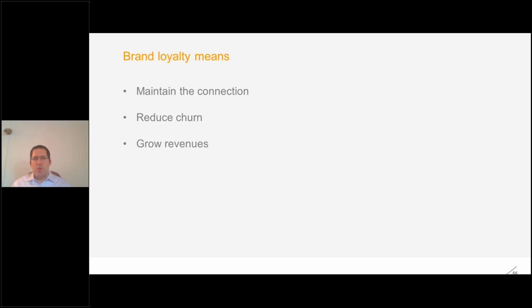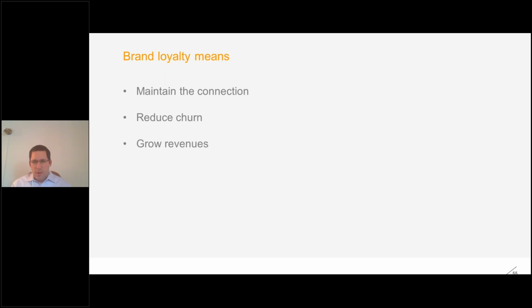So therefore, what you want to do is try and reduce that loss, because I don't have the stats on it, but the chances are the money that you're going to spend to maintain those customers and keep them on board is going to be less than the money you're going to spend in terms of trying to acquire new customers. And obviously the last point, which is fairly obvious, but it's worth stating it nonetheless, you want to be able to grow your revenues.